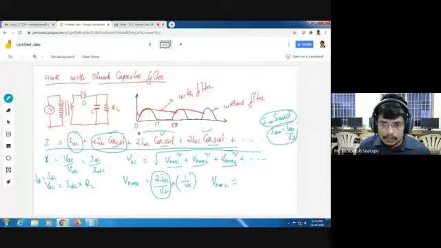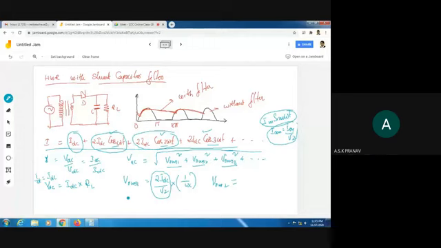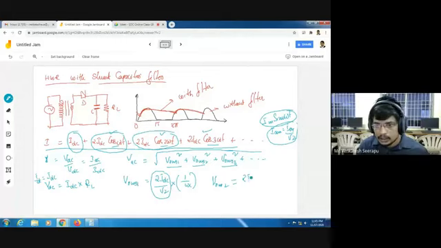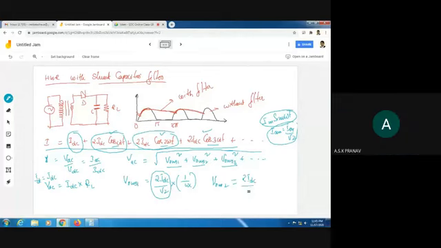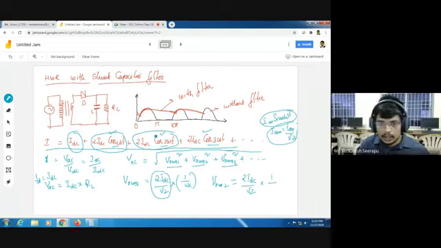From this, what is the IRMS2 value? 2 IDC by root 2 into 1 by 2 omega C.